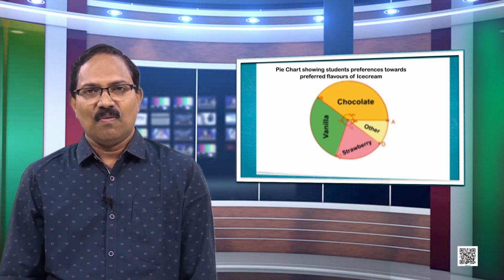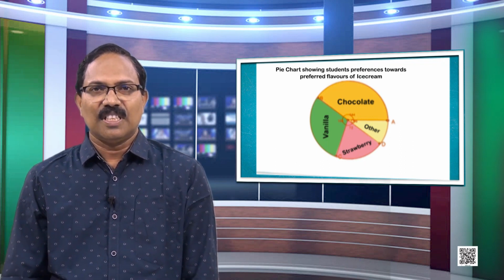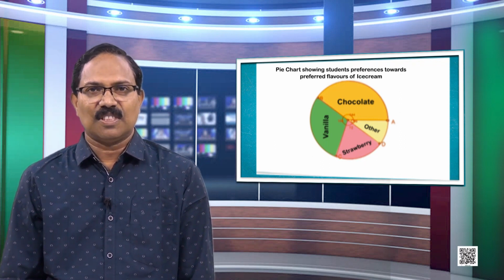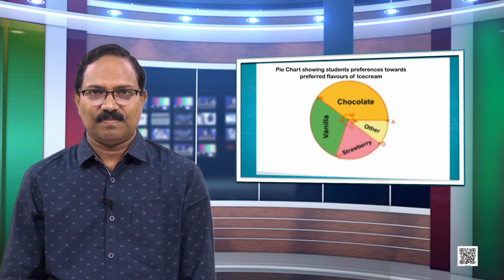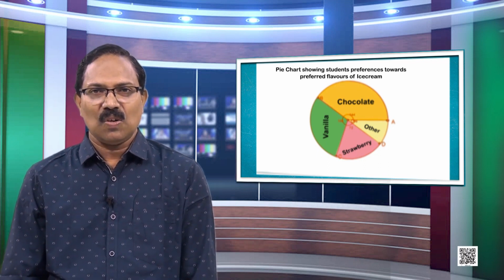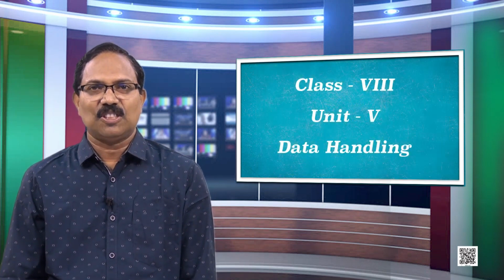Remember, we need to convert the percentage given into degrees, then only we can mark it on a circle. This is very important. Hope you will be able to draw many pie charts when you get data of this nature.